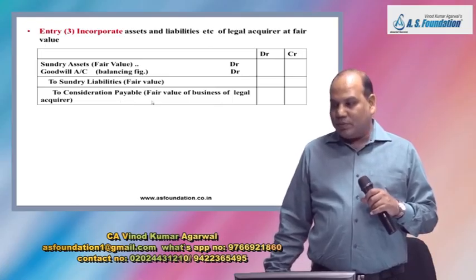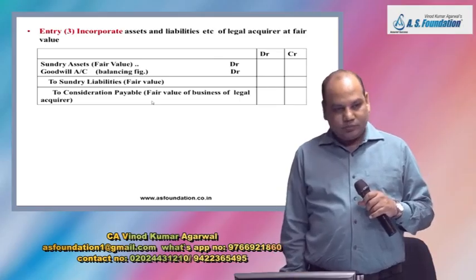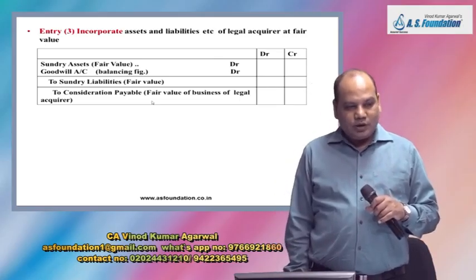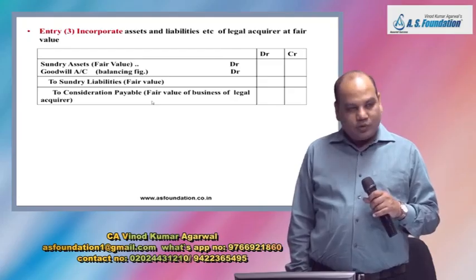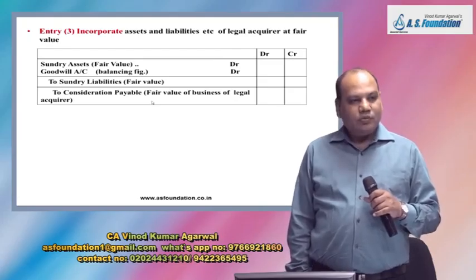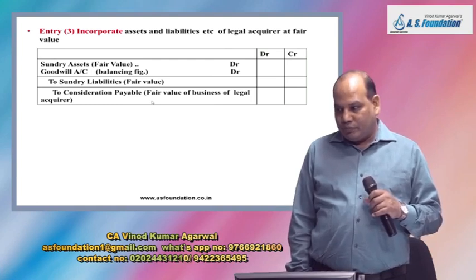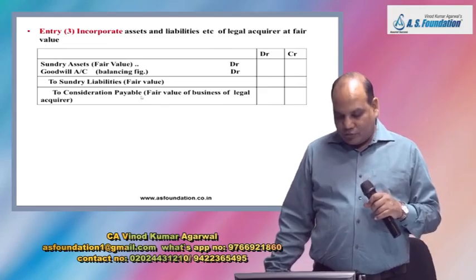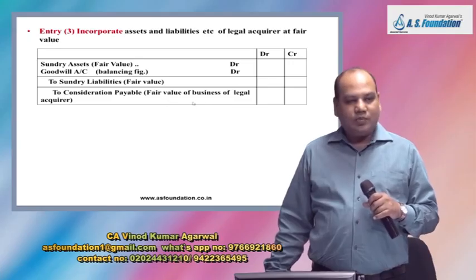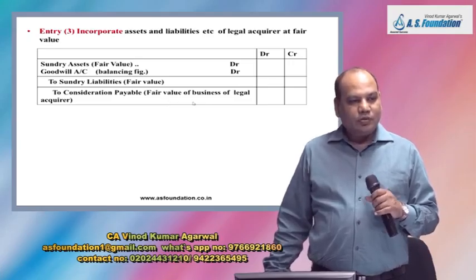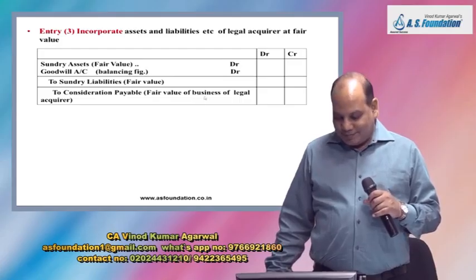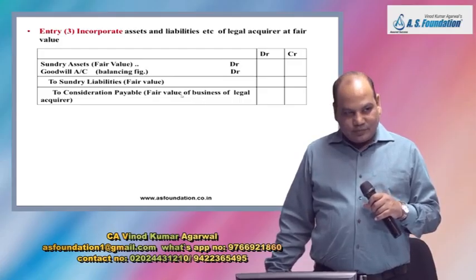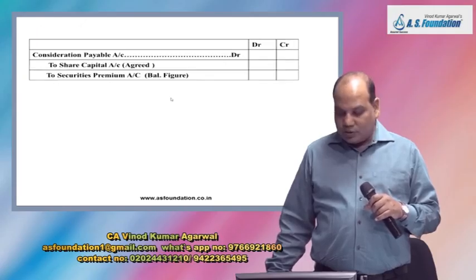And to consideration payable (fair value of business of legal acquirer). What is the fair value of business? Number of shares into market price. Consideration payable is number of shares into market price.